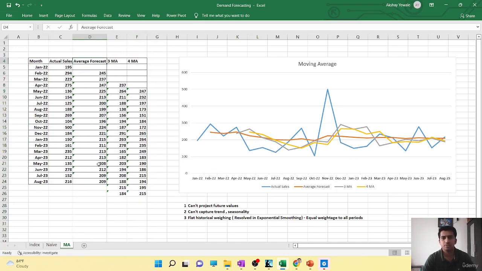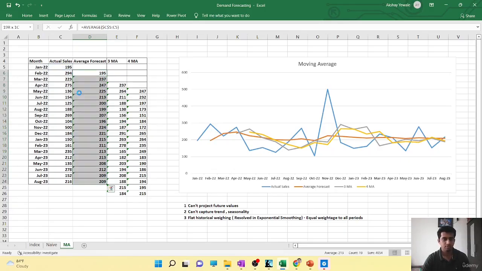Let us first begin with the average forecast. In this, basically you take the average of all the previous sales data. So you have the average of all the previous periods for the current period.